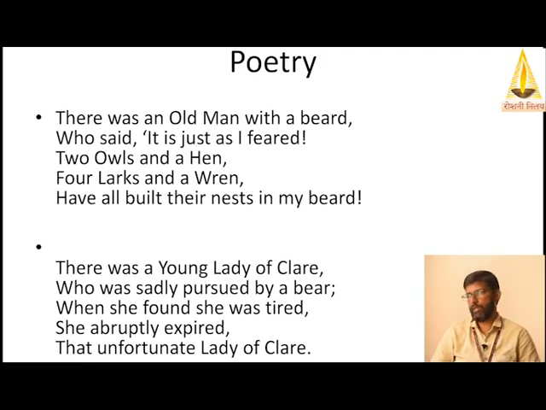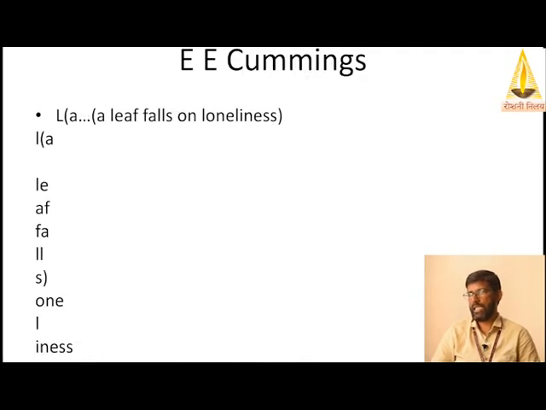So the poem that you see on the screen, written by E. E. Cummings, consists of only one line, but probably divided into a few letters. So, a leaf falls on loneliness, that's the poem, and this is how it seems to have been written. So that's to do with the poetry.